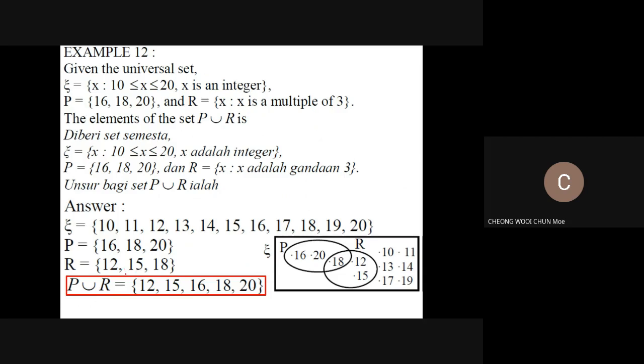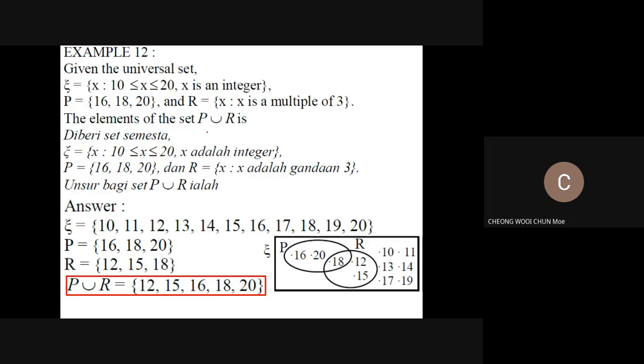How to get multiples of 3? 3 times 1 is 3, not inside here. 3 times 2 is 6, not inside. 3 times 3 is 9, not inside. 3 times 4 is 12. 3 times 5 is 15. 3 times 6 is 18. 3 times 7 is 21, not inside. So 12, 15, 18.